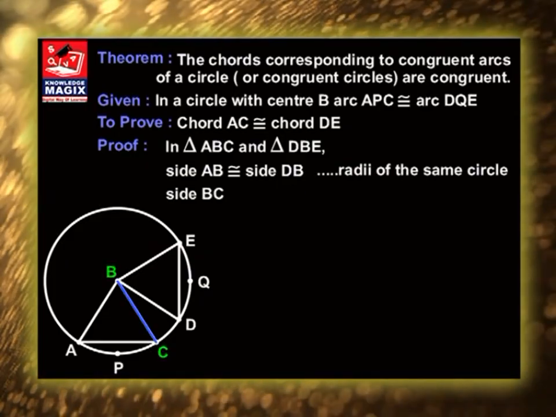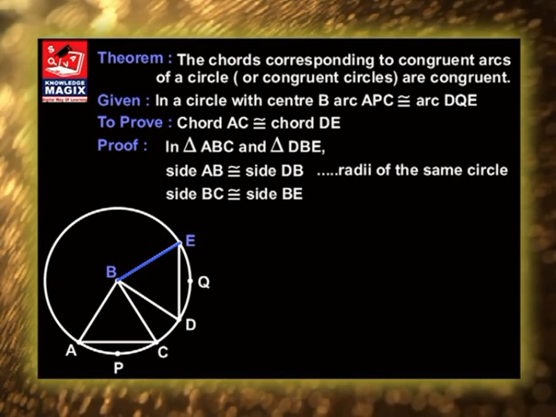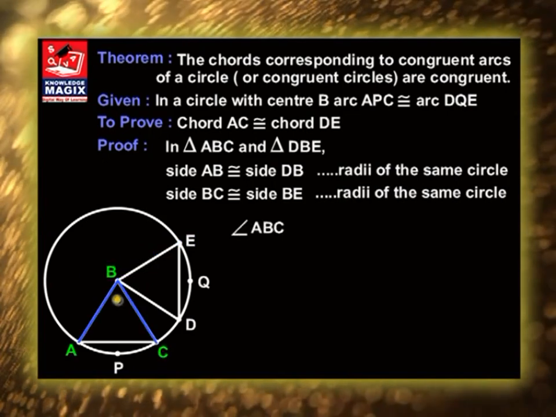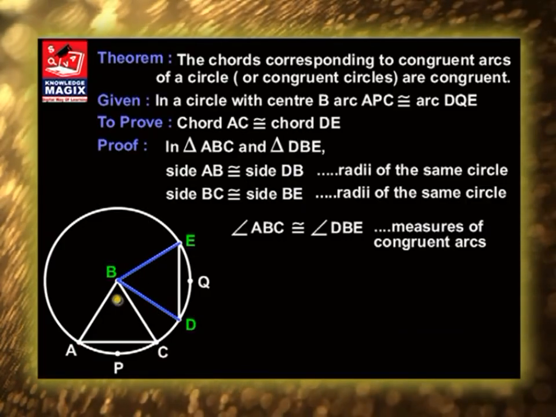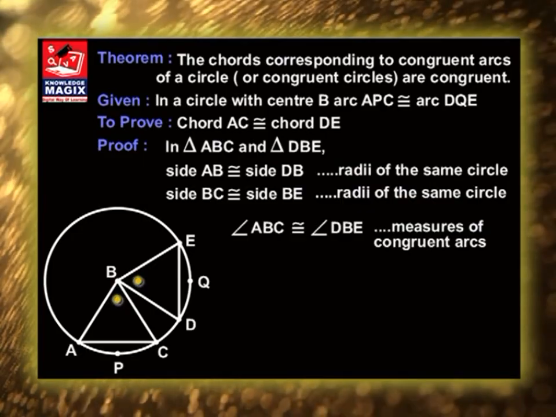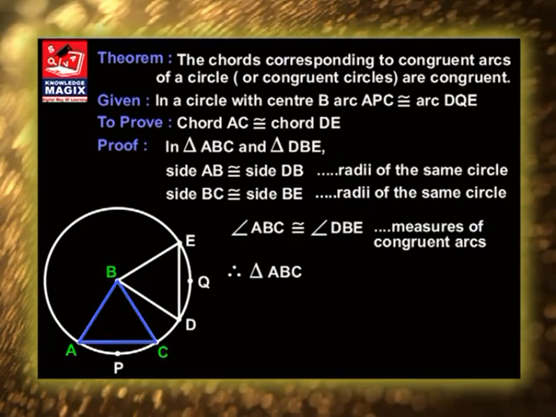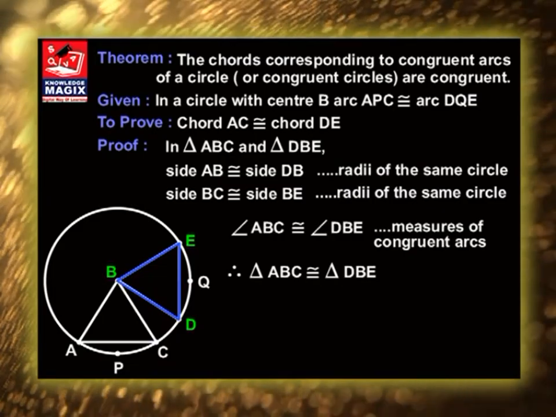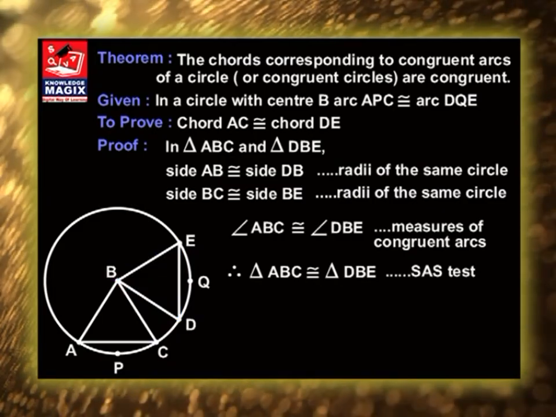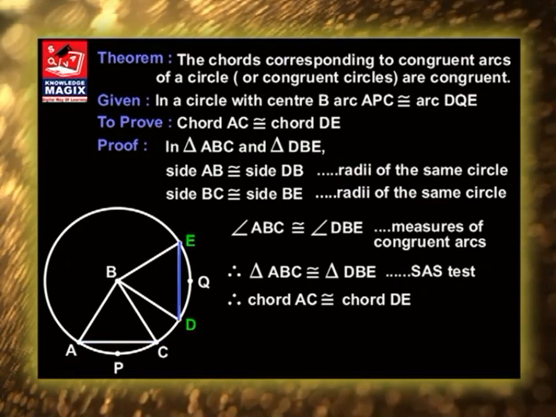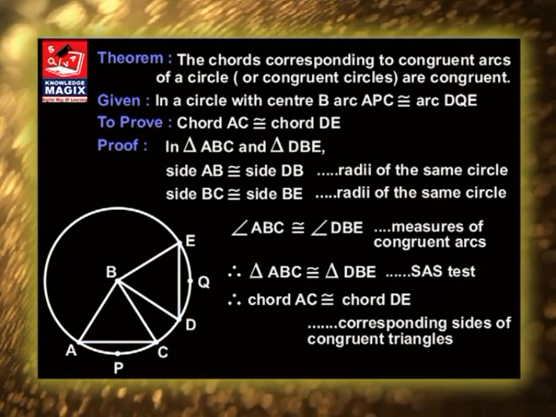Side BC congruent side BE, radii of the same circle. Angle ABC congruent angle DBE, measures of congruent arcs. Therefore, triangle ABC congruent triangle DBE, SAS test. Therefore, chord AC congruent chord DE, corresponding sides of congruent triangles.